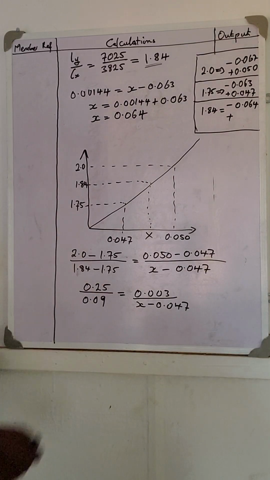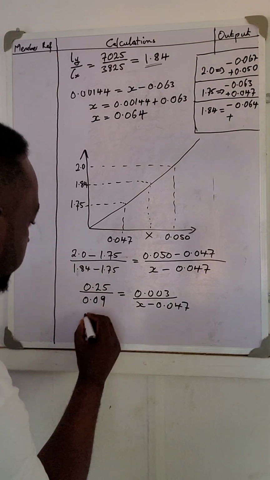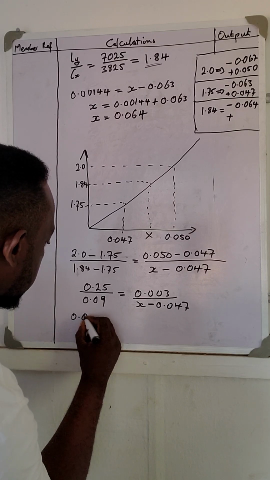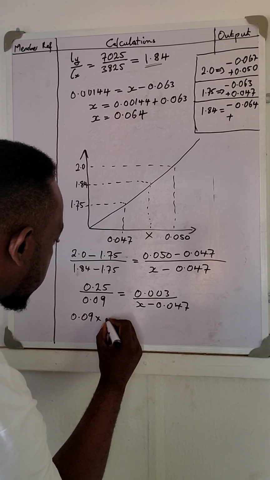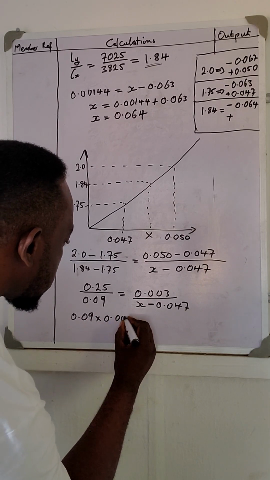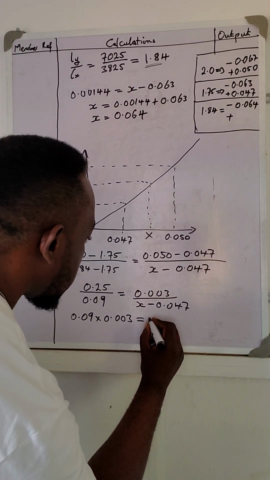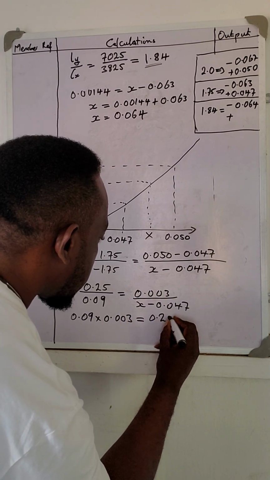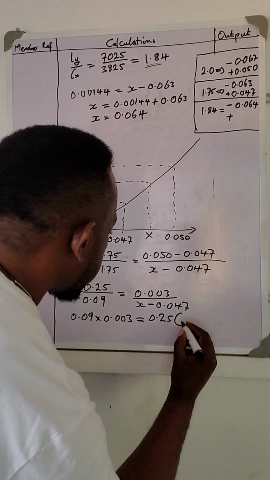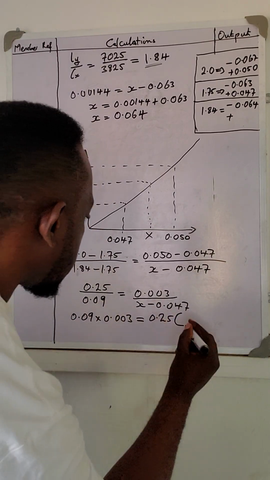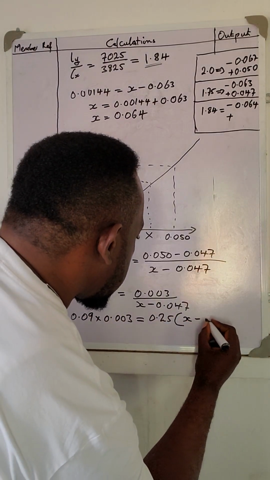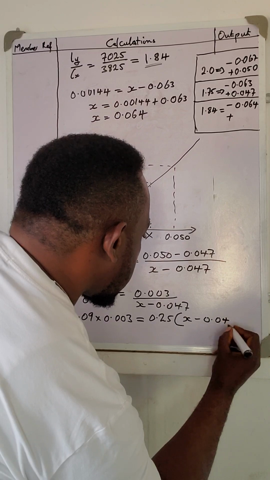When you cross multiply, you have 0.09 multiplied by 0.003 is equal to 0.25 multiplied by x minus 0.047.